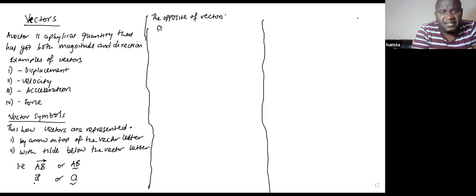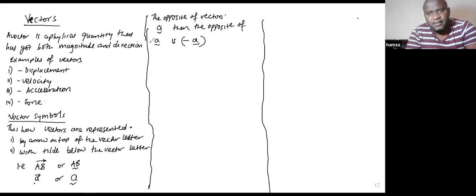If I have a vector A, then the opposite of vector A is going to be the negative of that vector. So it is the reverse of vector A.